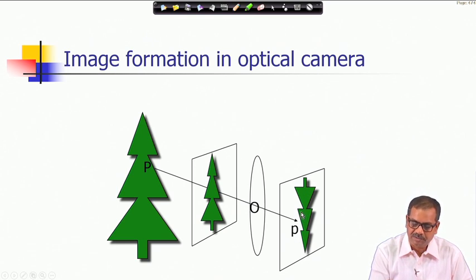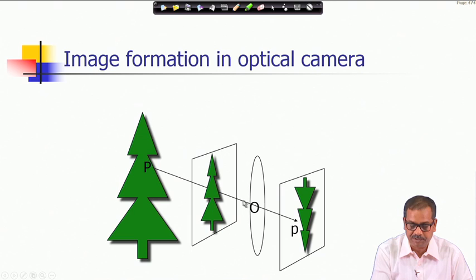Now, logically we can consider the image as being formed in front of the camera, where the corresponding image plane is placed at the same distance from the lens as the sensors usually are behind it.